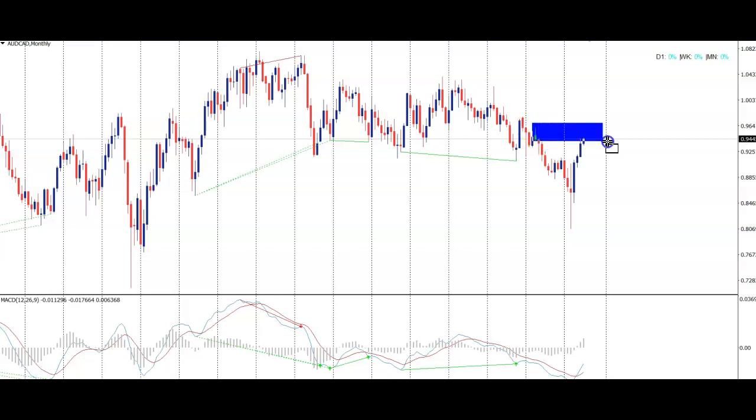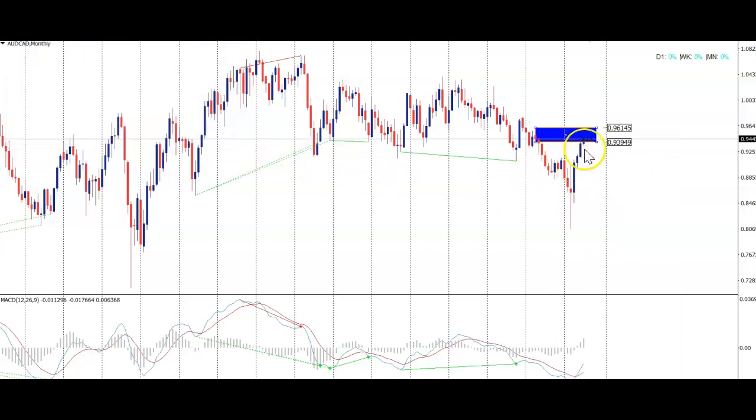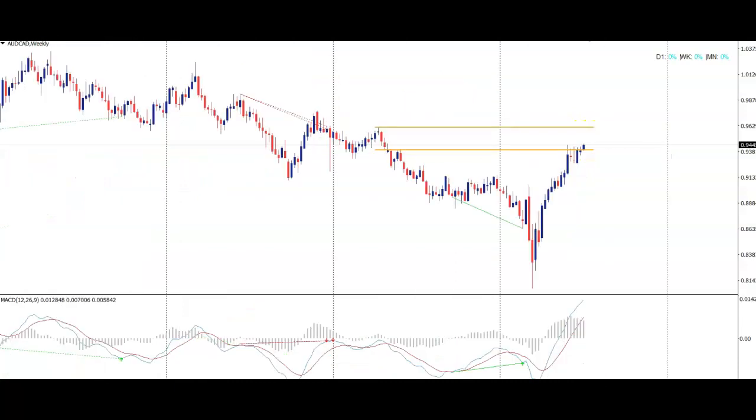You can see we've got this monthly area here from last year, and the market has been rallying pretty hard into that, which is a good sign. If we go to the weekly, step down, it still has a possibility to rise a little bit further.